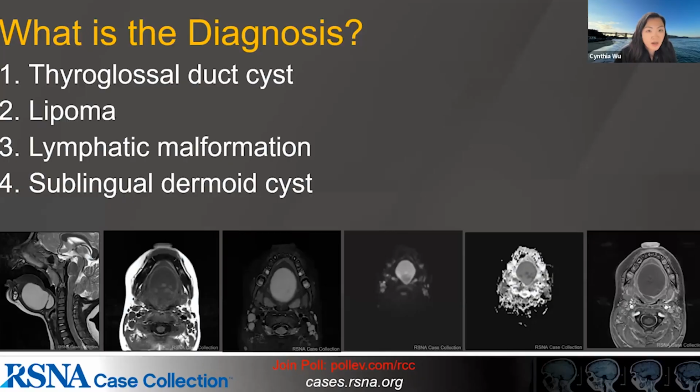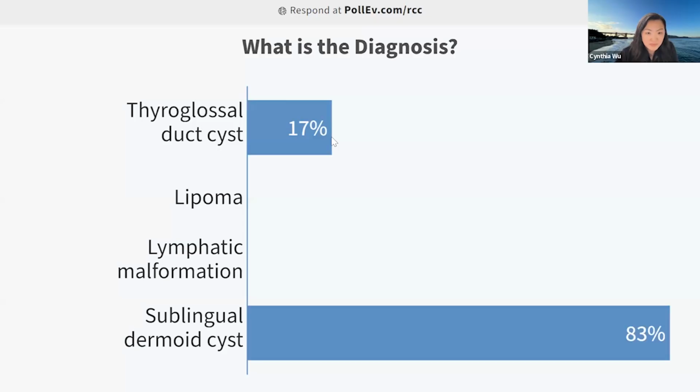So our choices are thyroglossal duct cyst, lipoma, lymphatic malformation, and sublingual dermoid cyst. Which one do we think this is? Let's go on to the poll. All right, we're getting some answers already. Great.